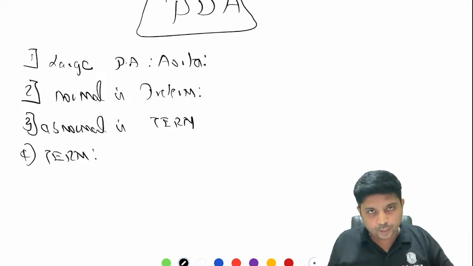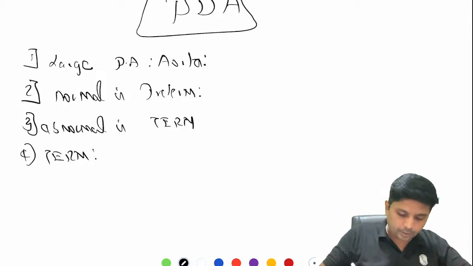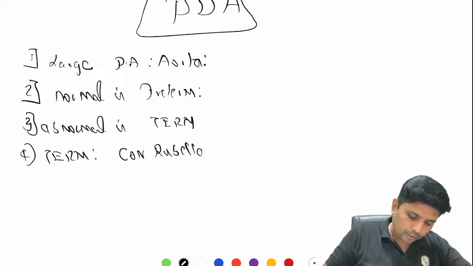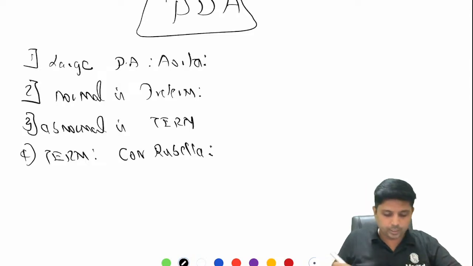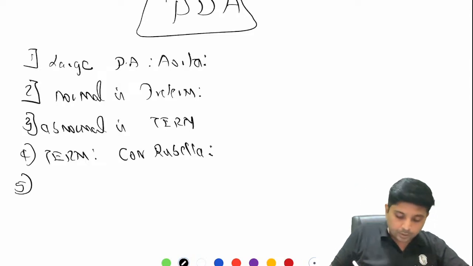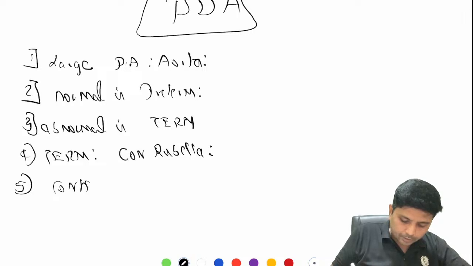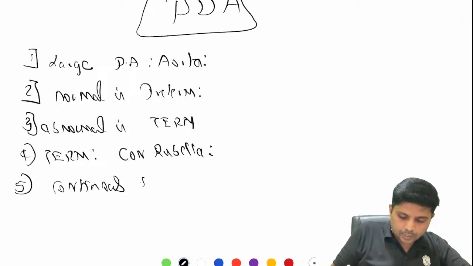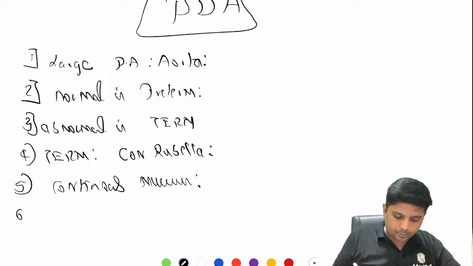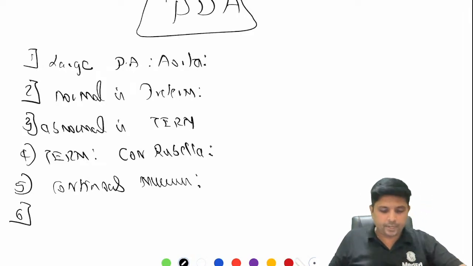What are all the things you need to rule out in a term baby? Congenital rubella syndrome. You need to rule it out in term. So what is the manifestation of PDA? Continuous murmur. Manifestation of PDA is a continuous murmur.